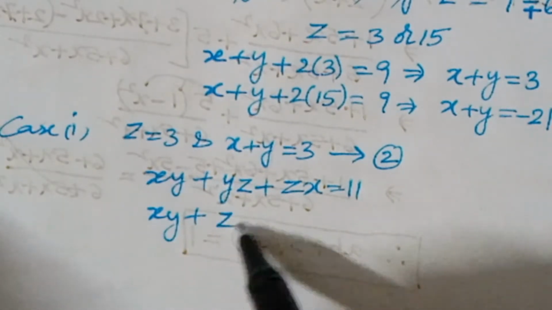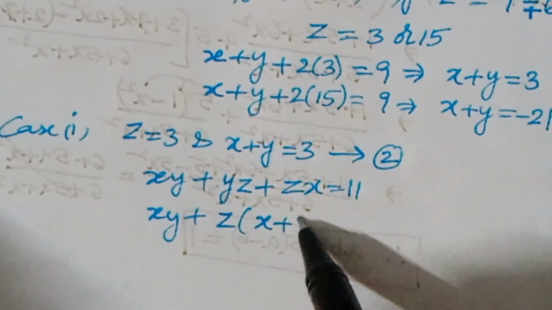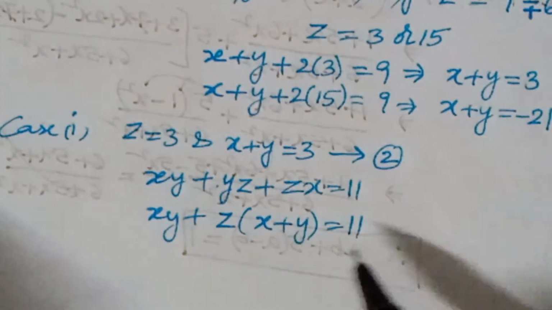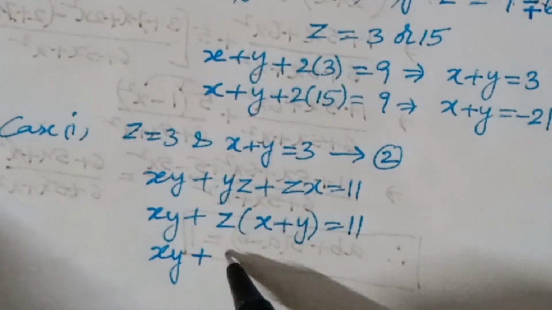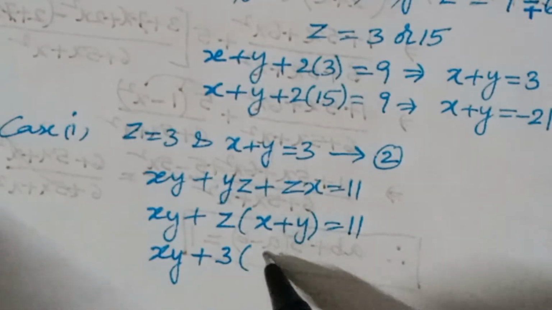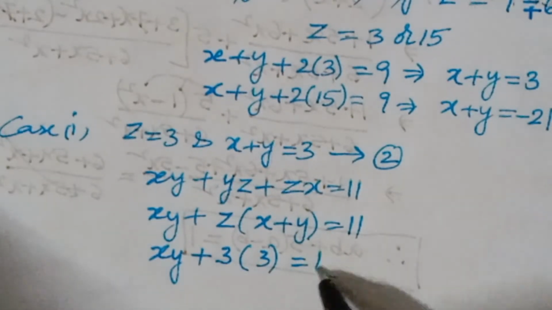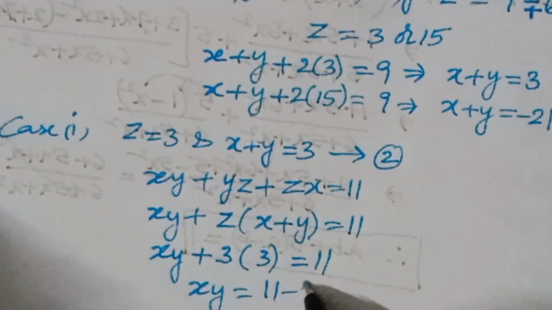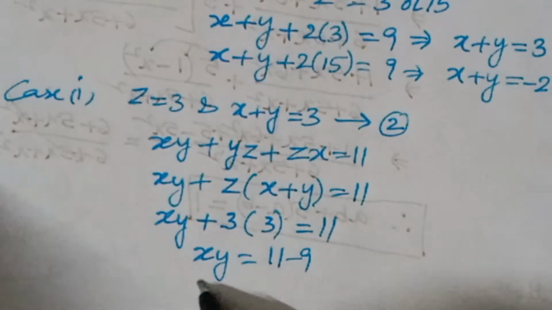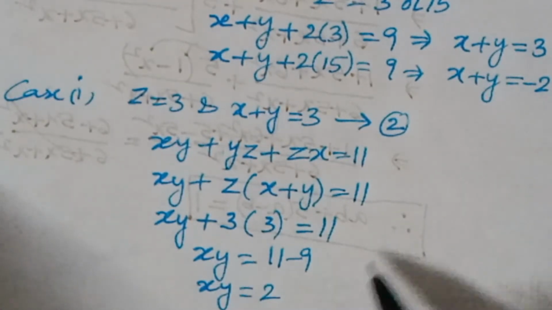Here you can take z common: xy + z(x + y) = 11. Substitute the values of z and x + y: xy + 3 × 3 = 11. So xy = 11 minus 9, xy = 2.